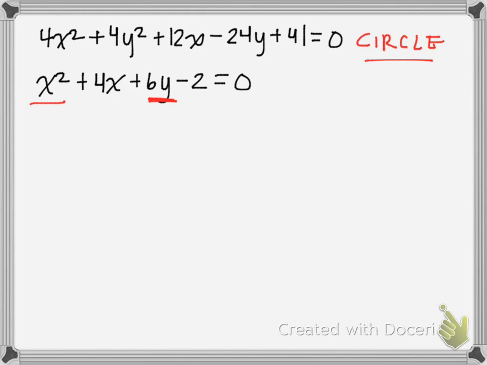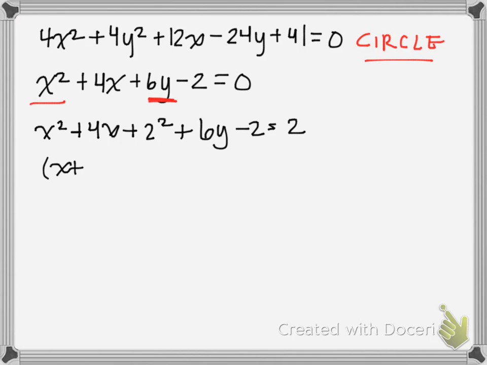Because what I'm going to do with the parabola is say, where's the vertex? Okay? So I'm going to take the x's here, x squared plus 4x, and I'm going to complete the square. And I'm allowed to add that, like that, and complete the square, as long as I add it to the other side. All right, so I'm going to have x plus 2 squared, and I'm actually going to rearrange it and say equals.